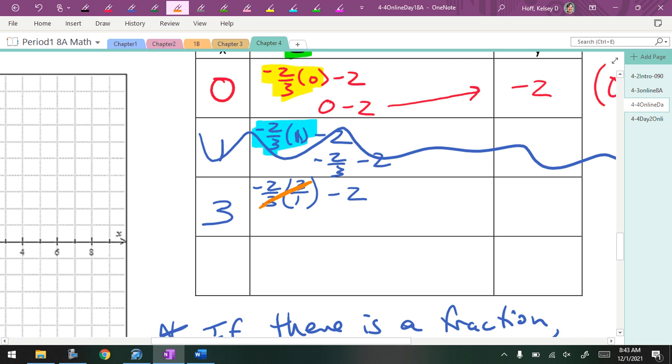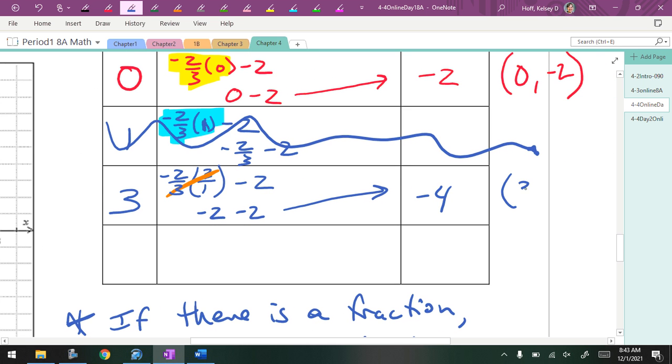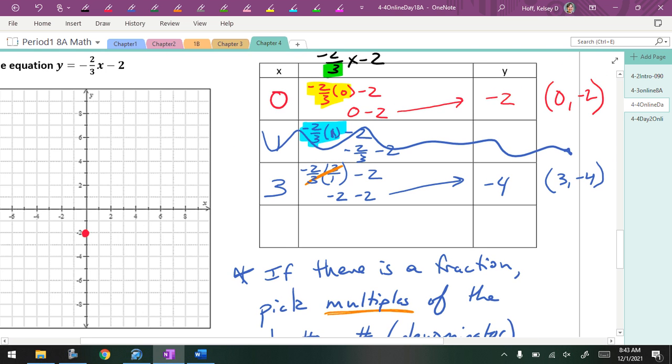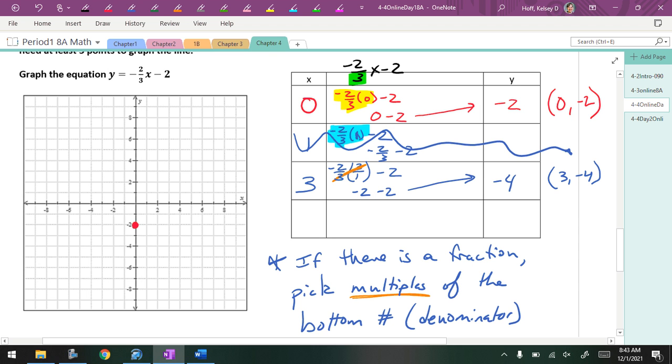These cancel out, and you're left with negative 2 minus 2, which is a negative 4. So you're at 3, negative 4. Go plot that point on your graph. 3, negative 4. Three to the right, and then down 4.